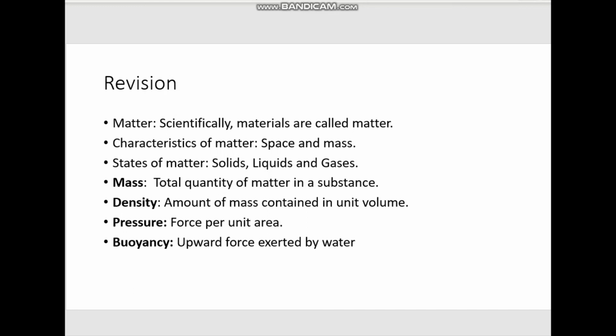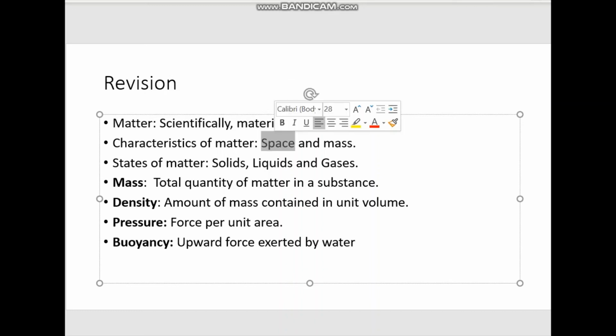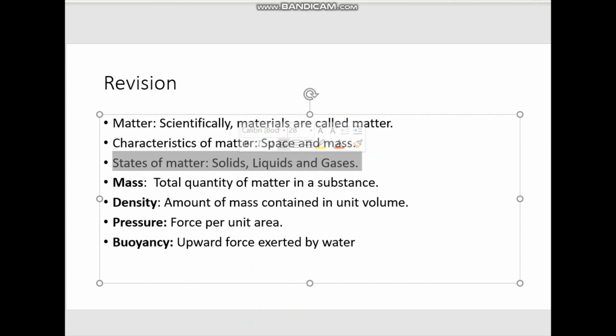Firstly, we learned that materials are scientifically called matter. Next, we learned that the characteristics of matter are that it has mass and it occupies space. Then we learned that the three states of matter are solids, liquids, and gases. Then mass.